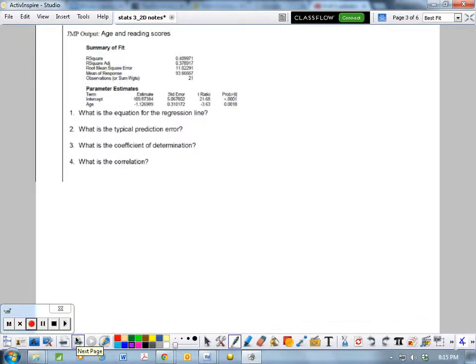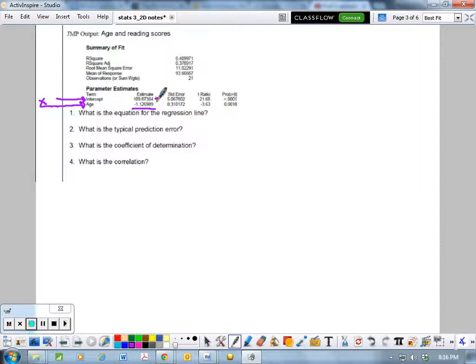Okay, now we have a JMP output, so it's a little different looking. We have our age and reading scores. And again, kind of like our Minitab, our age was our x value. And then they put intercept instead of constant, but that's okay. Here's our slope. Here's our y-intercept.